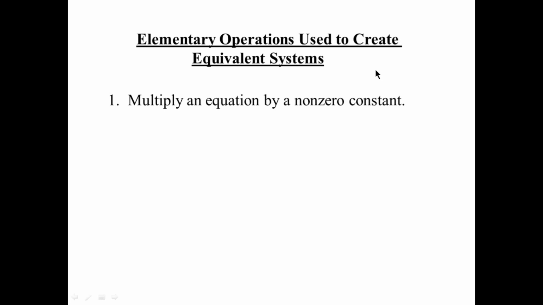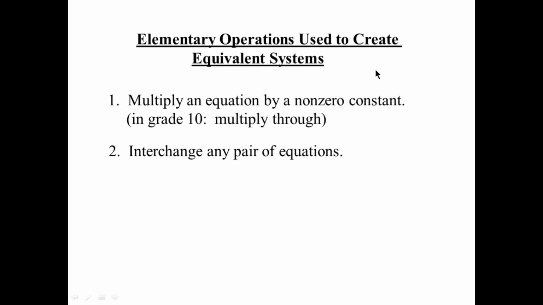And then we can do these operations on the system. We can multiply an equation through by a non-zero constant. Now, this was done in grade 10 when you did elimination.